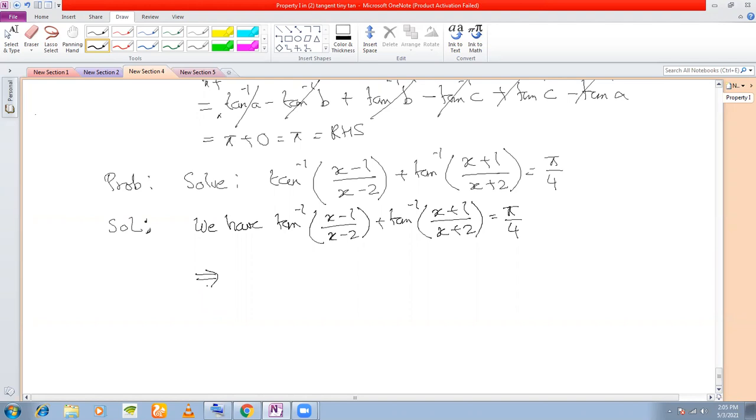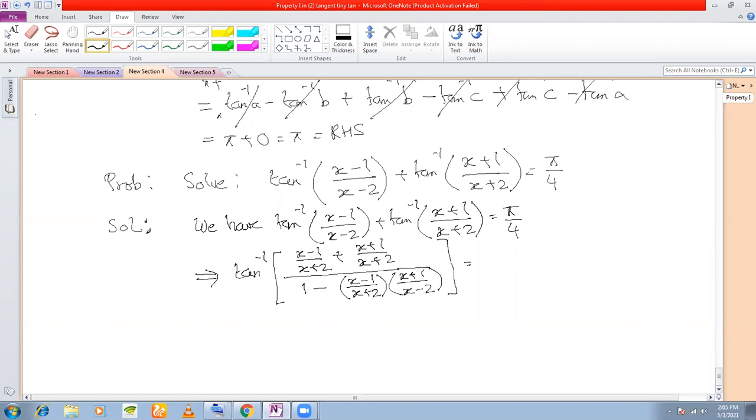If you add up these two, this is what you're going to get: (x minus 1)/(x plus 2) plus (x plus 1)/(x minus 2), divided by 1 minus (x minus 1)/(x plus 2) into (x plus 1)/(x minus 2), is equal to tan pi by 4, is equal to pi by 4, right?